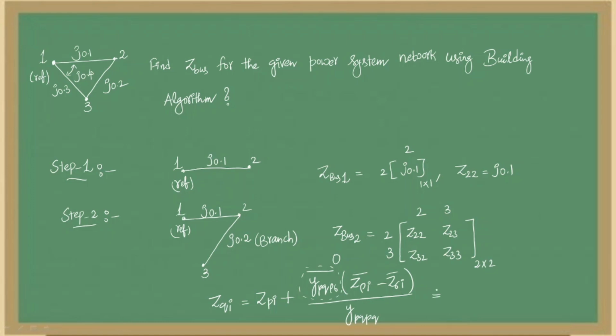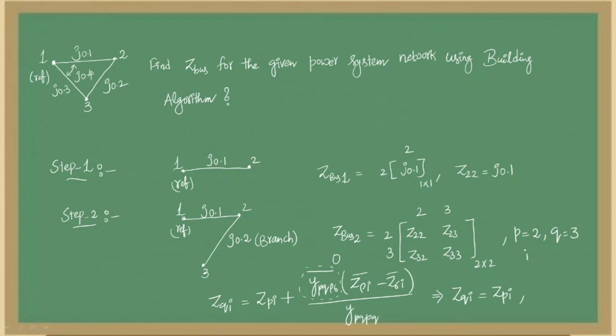So this is converted into ZQI is equal to ZPI, where P is nothing but the node from which the element is added. So I am considering P as 2 and Q as 3, because I am adding an element between 2 and 3.